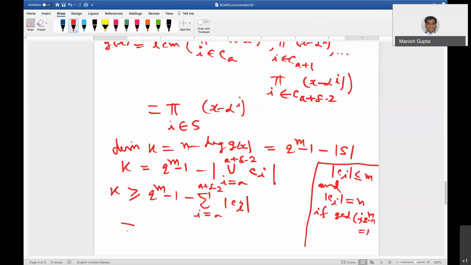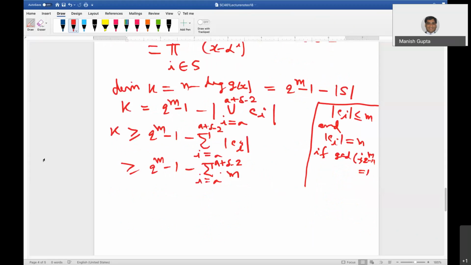which is at least q raised to power m minus 1 minus, because cardinality of Ci cannot exceed m, m times the summation i equal to a to a plus delta minus 2 of 1.